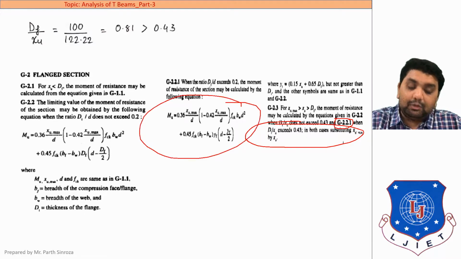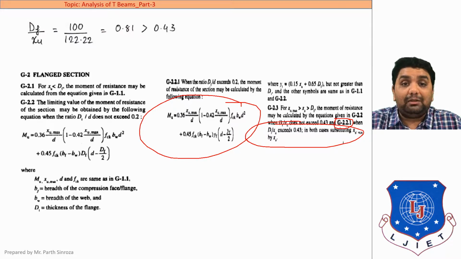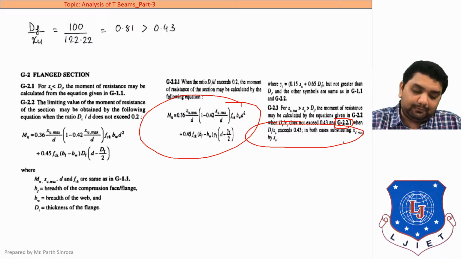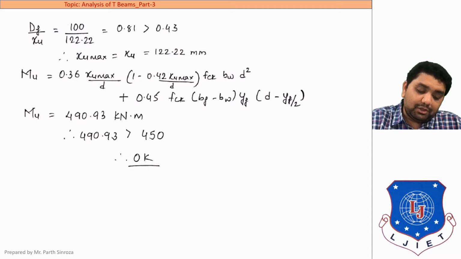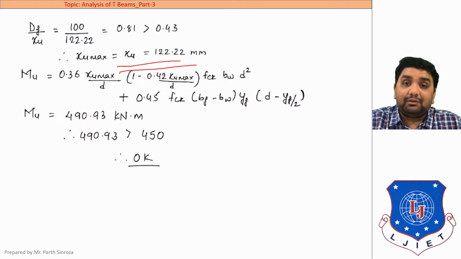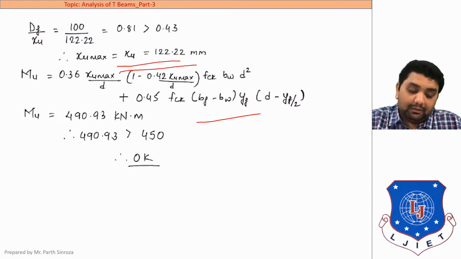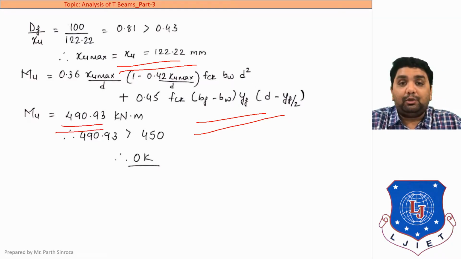That means this equation we will be using. But again, keep in mind, XU max will be substituted by XU, that is 122.22, and using this equation we will be finding the value of Mu, that is 490.93.